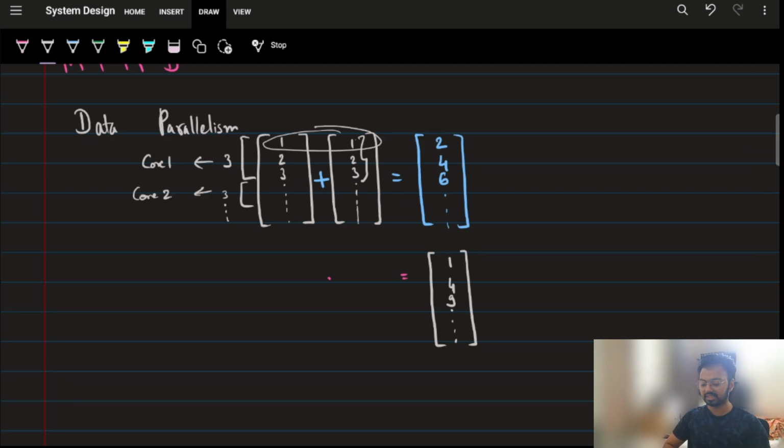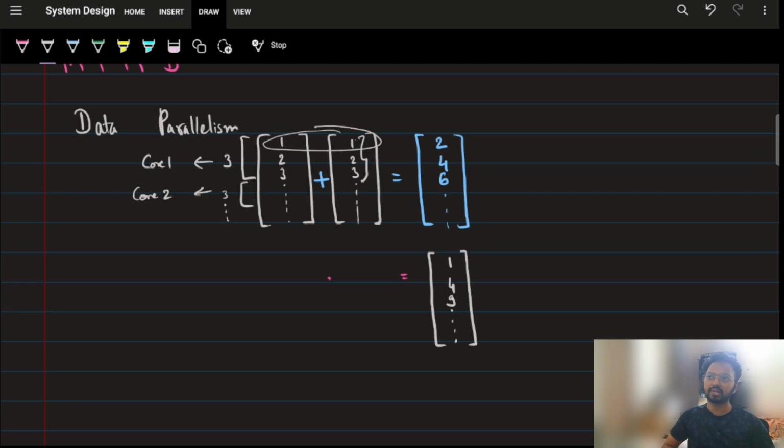So it's independent, which is why we can divide it into smaller chunks of like 5, 10, 500, whichever it is, based on the system configuration. That's what we are going to learn as part of the system design. But this is what we need to take into account: this is data parallelism.